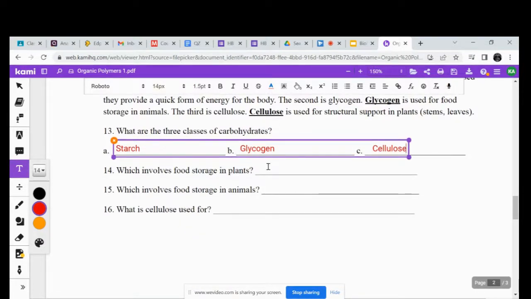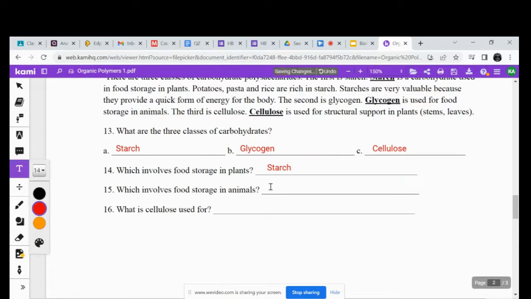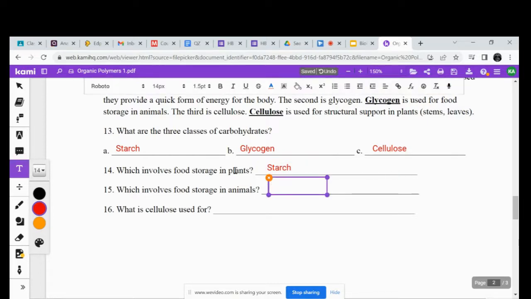Which involves food storage in plants? I already said it. Plants store their food in the form of starch. Potatoes are very high in starch. So when you eat a potato, you're eating the food storage that the plants are storing in the potato. Animals is glycogen.